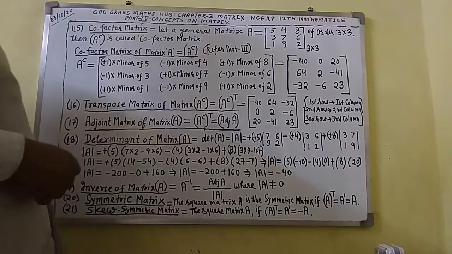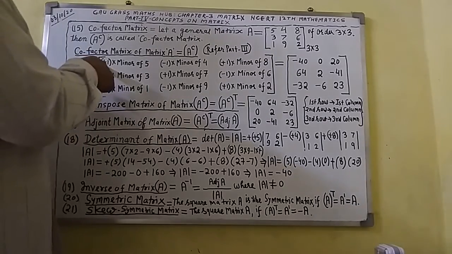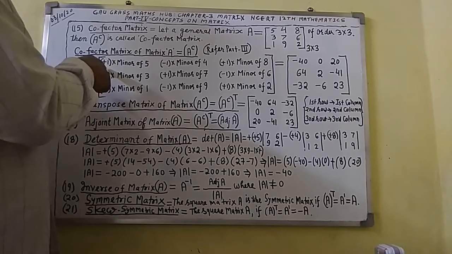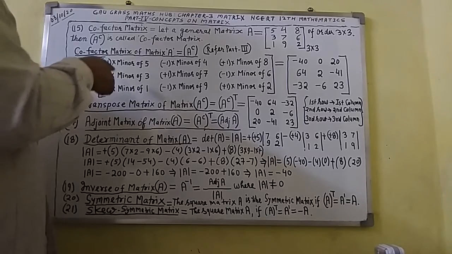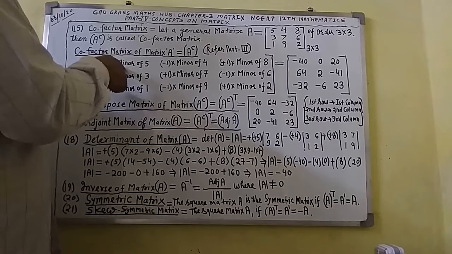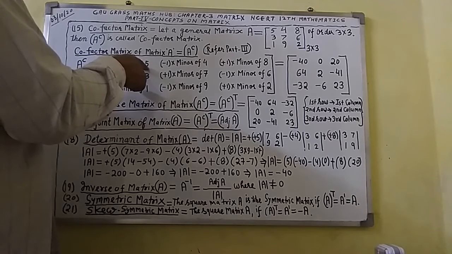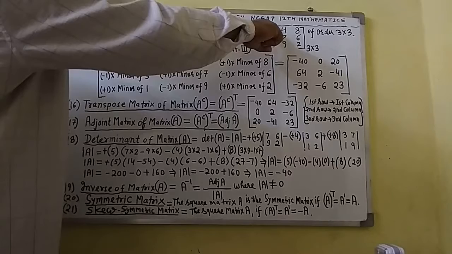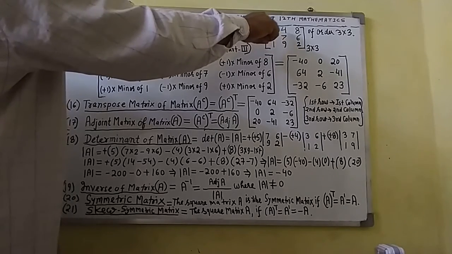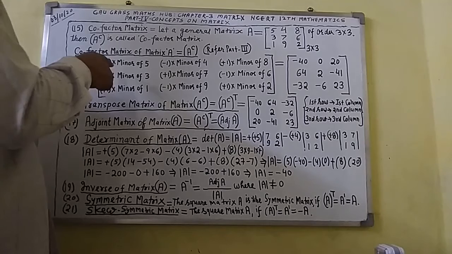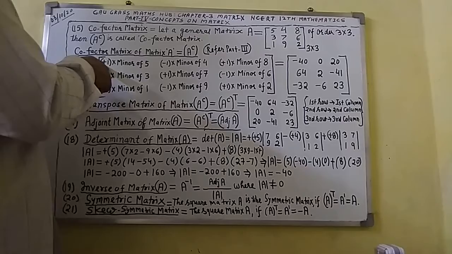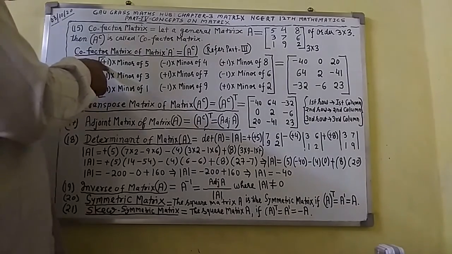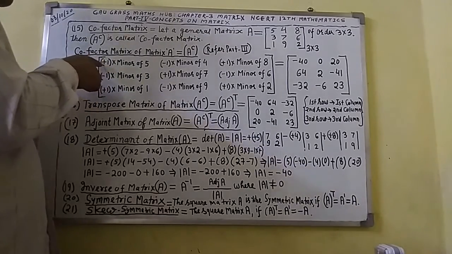Opening of square brackets, plus 1. Here you can see plus 1. Plus 1 is a constant here and fixed, into minor of element 5. This is element 5. Plus 1 here is a constant, will always be written with sign plus.